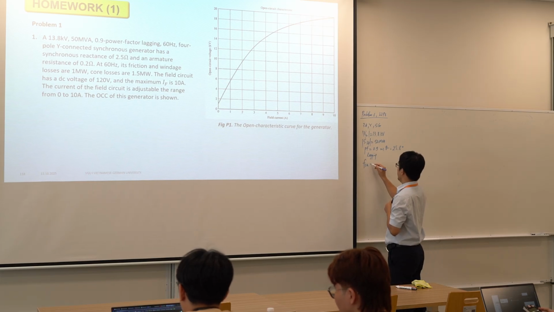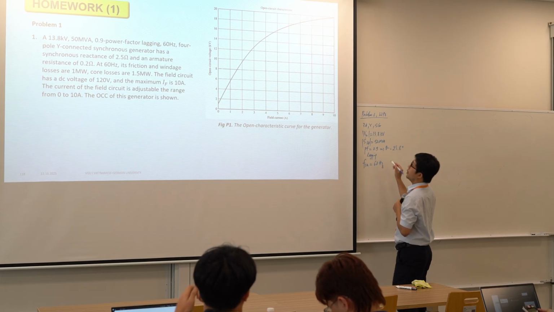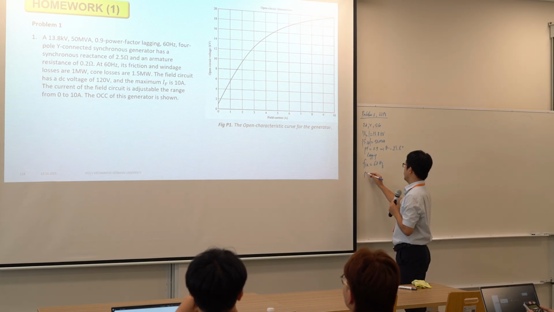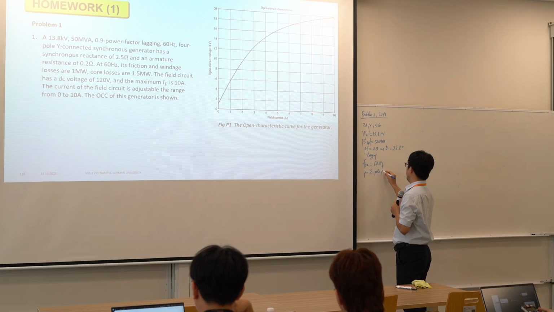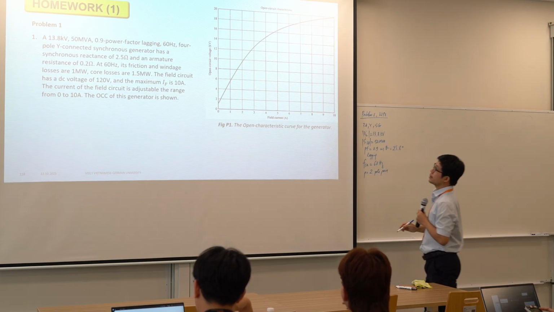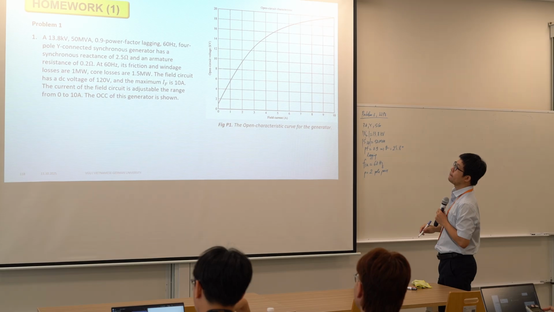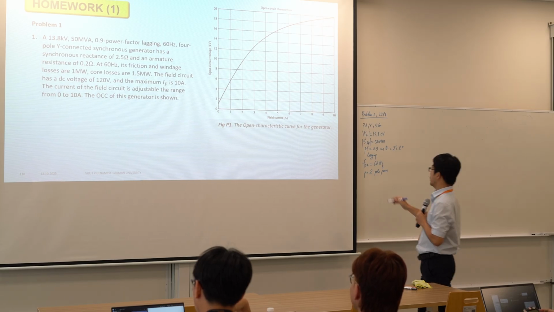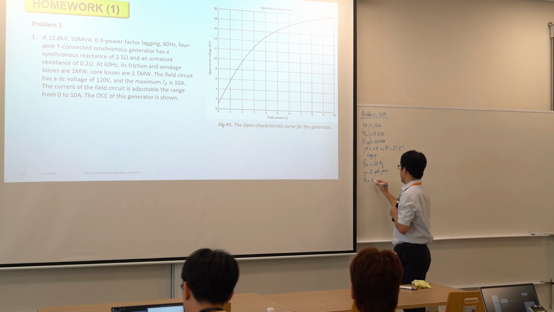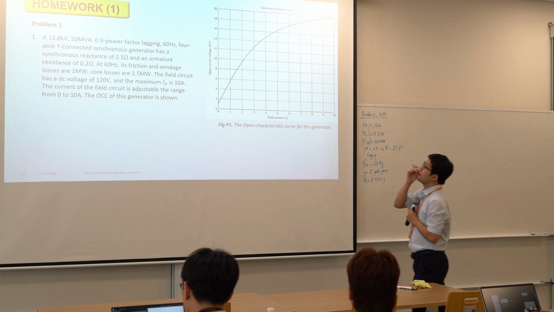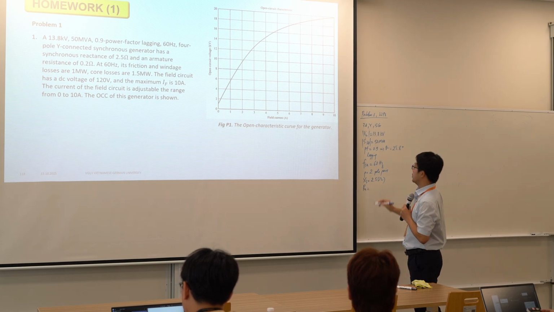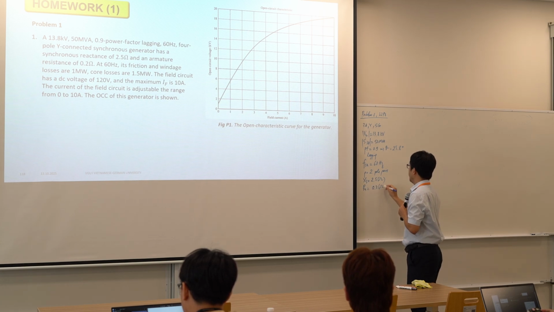The frequency FSA is 60 Hz. Okay, 4 poles. So that means we have 2 pole pairs. We have synchronous reactance, Xs, 0.5 ohm, and armature resistance 0.2 ohm.